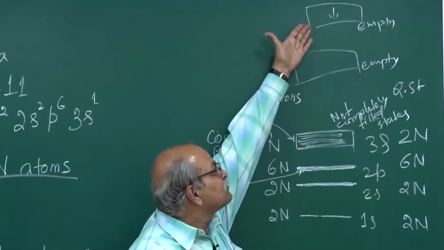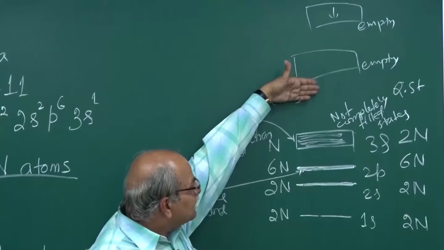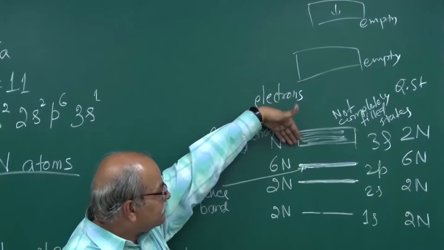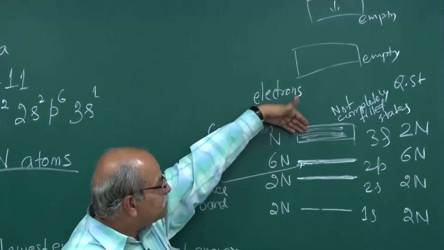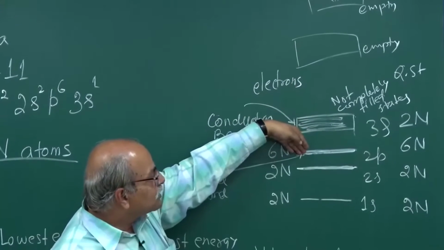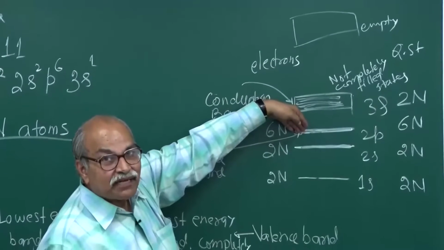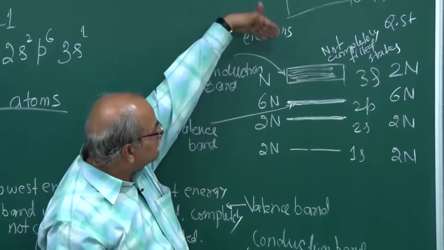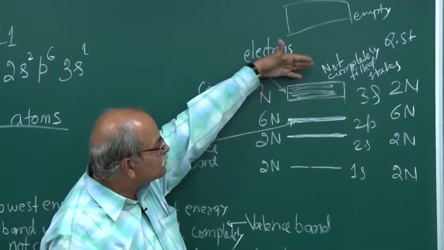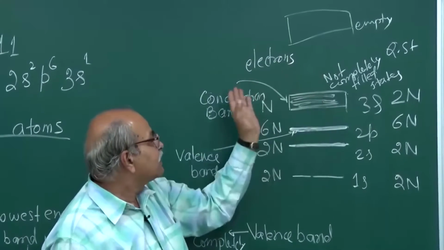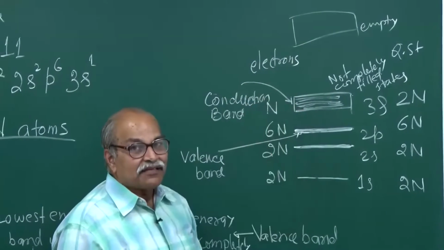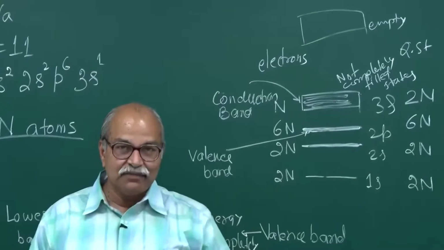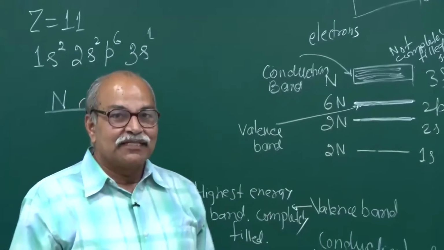This is also not completely filled. So you come down, and this is that lowest energy band which is not completely filled. If you go further lower, you have a completely filled band. So the first one coming from the top which is not completely filled, we will call that the conduction band. So these two words I will be using very frequently.